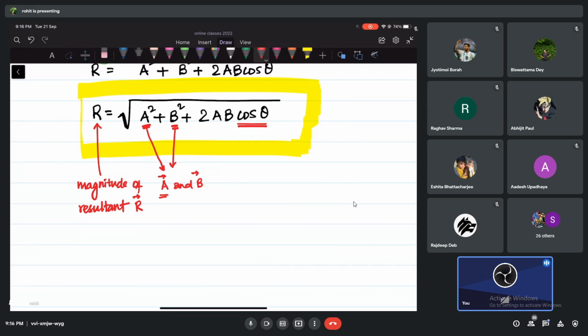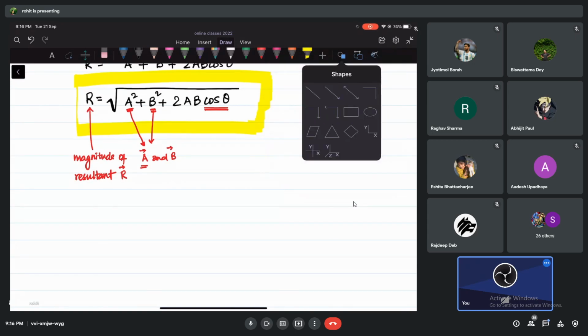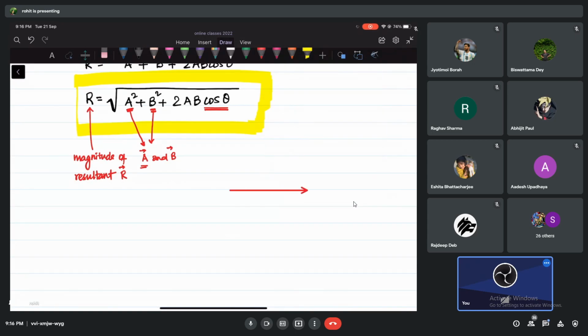I'm going to show you very quickly one example. Please check. See, example is this. This is a displacement vector. This is a displacement vector. Just an example, this is 2 meters. Let's say this is 3 meters. Can you understand, guys, what I'm saying? How many vectors we have? Two vectors.